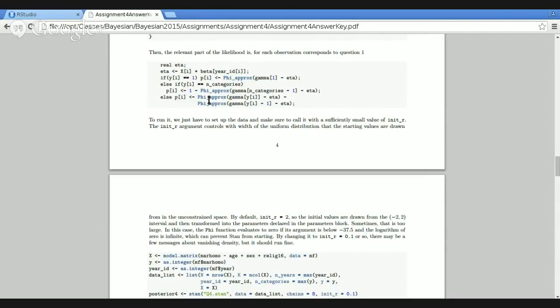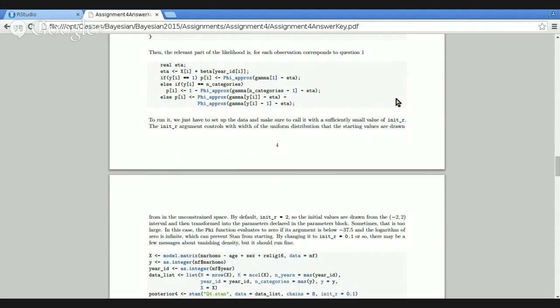And so this brings us to the issue that people were having, not being able to get the thing to initialize using the phi function. And I think there's nothing actually super wrong with the phi function.